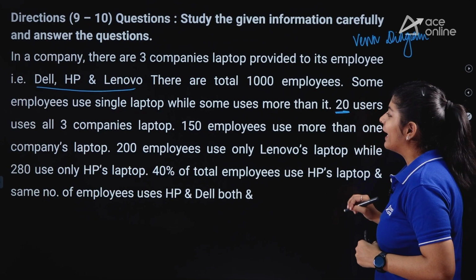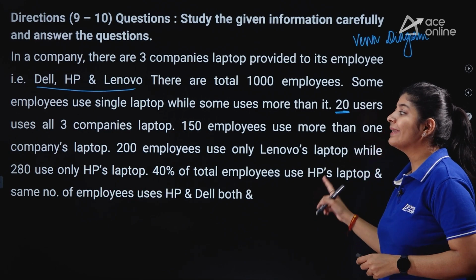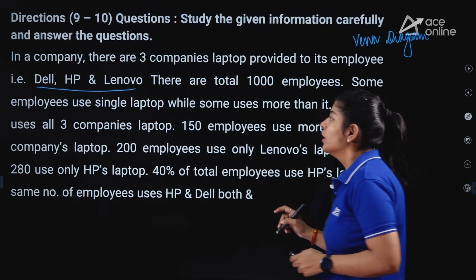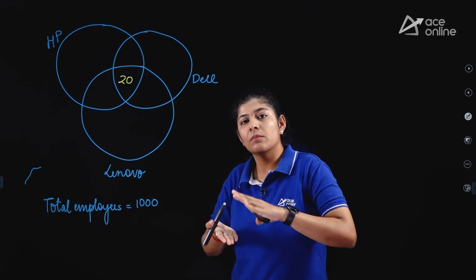Apart from that, it is given that 150 employees use more than one company's laptop. So the data says that we are having 150 employees which are using more than one.